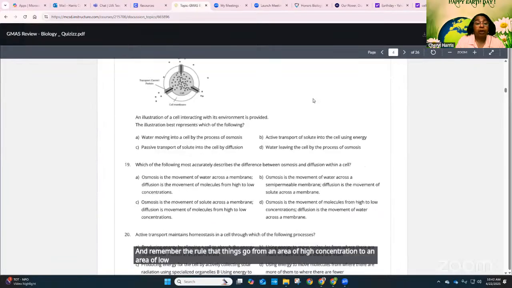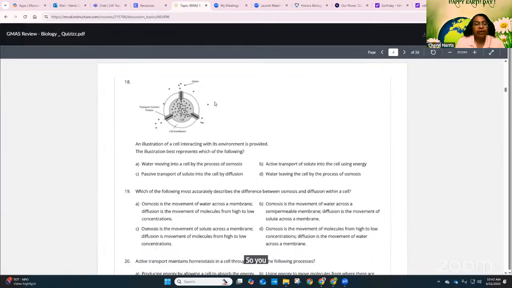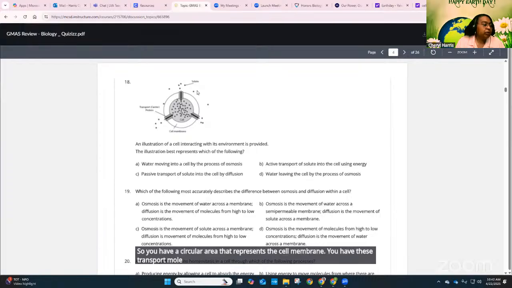All right, here again, you need to study the picture before trying to answer the question. You have a circular area that represents the cell membrane. You have these transport molecules sticking out of the cell membrane, like the picture that I uploaded for you. And then you have the arrow that says these molecules on the outside are moving to the inside.